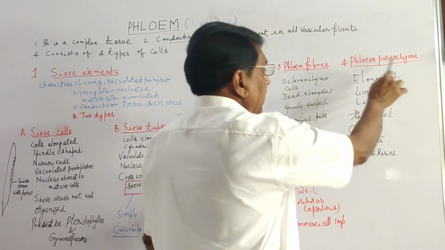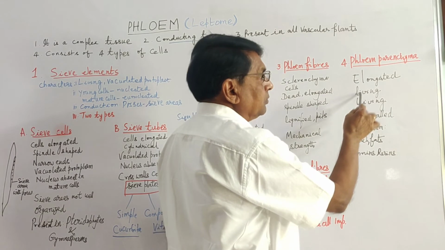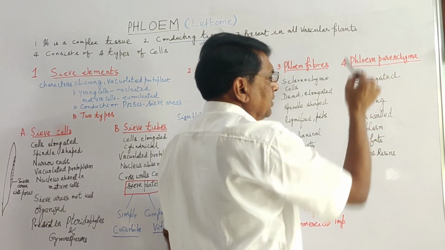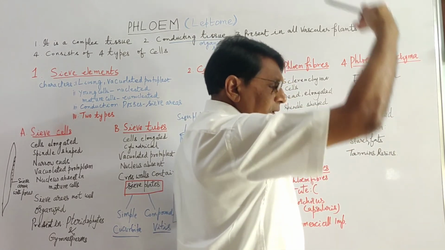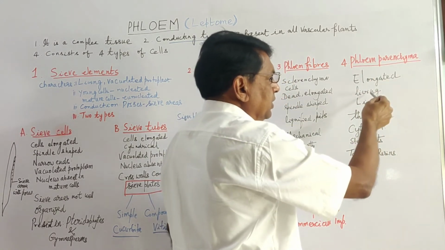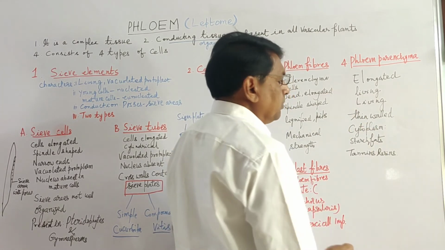Then phloem parenchyma: elongated, living parenchyma cells present in the phloem. Elongated because, being conducting tissue, the cells are always elongated, living, thin-walled, with cytoplasm.